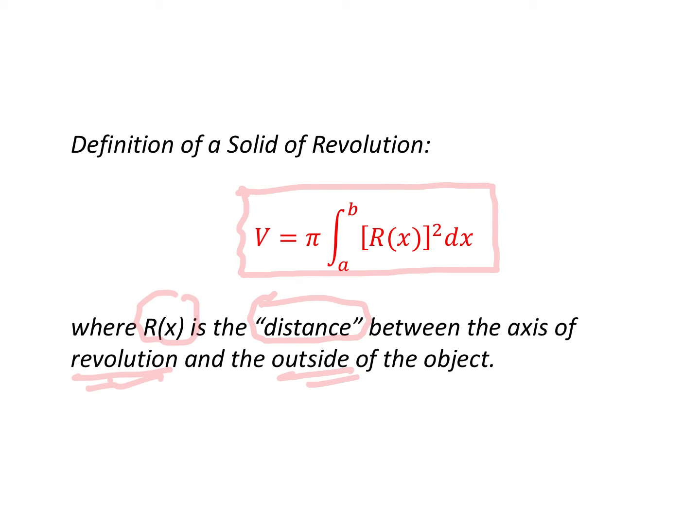So let me repeat that again. The volume is simply equal to pi times the integral from a to b of r sub x squared dx, where r sub x is the distance between the axis of revolution and the outside of the object.